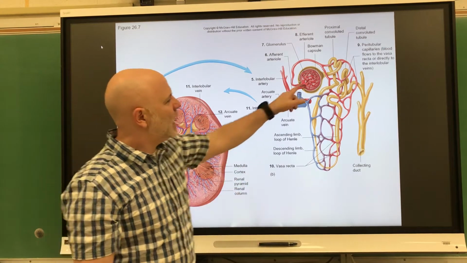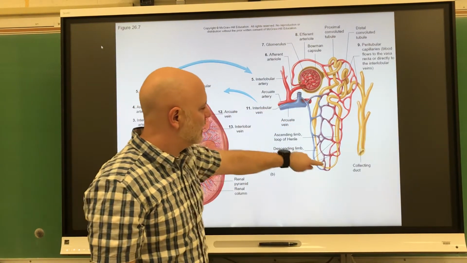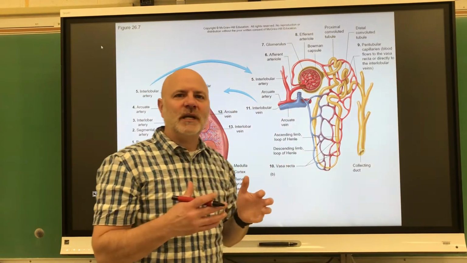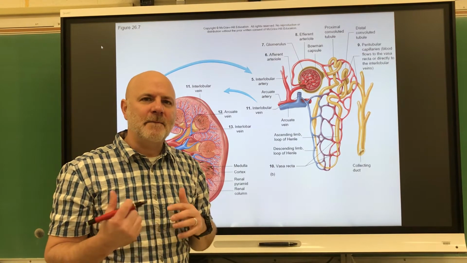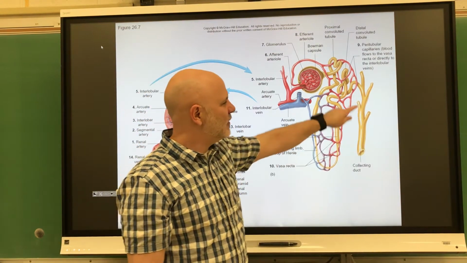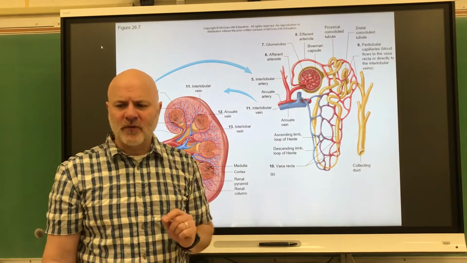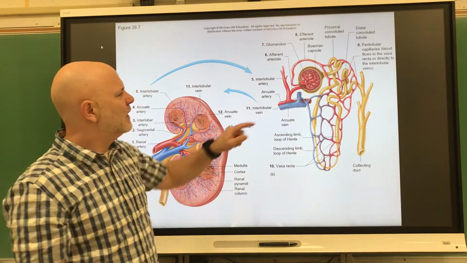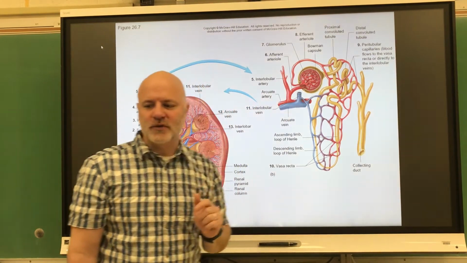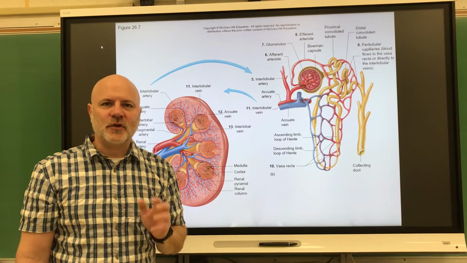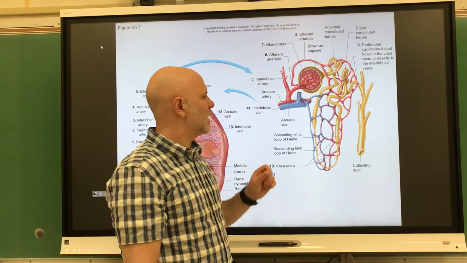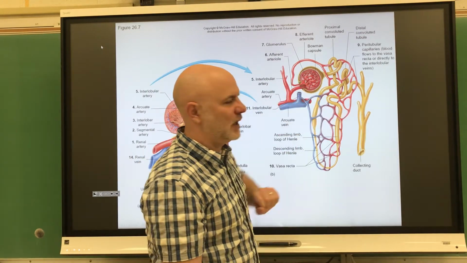So we have this tubule here and blood vessels around that tubule, in which a lot of those substances are going to come back into our blood before we get over here to the collecting duct. By the time we get to the collecting duct, that's when we're going to have urine. So here's the renal corpuscle. Behind that is the renal tubule. This is a small tube that transports the filtrate from the renal corpuscle to the collecting ducts.